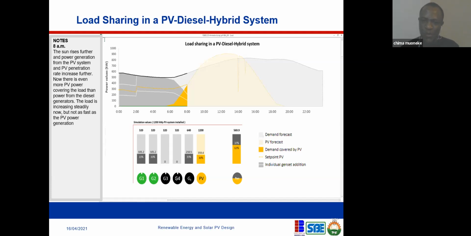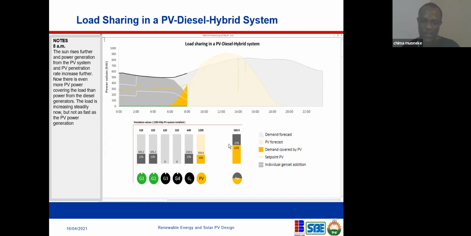Okay. So what we're simulating here is for 100% reliability. We don't want any failure at any point in time, and that's why you have two generators running. Otherwise, one generator could just run. But the problem here is that if you're running one generator, which is 320 kilowatts, and you're powering a load of 569 kilowatts, and there's a shadow cast on this solar system, and the power now drops, within seconds, before this generator could come up, a lot of systems would have been damaged.